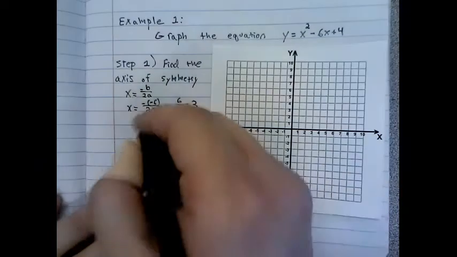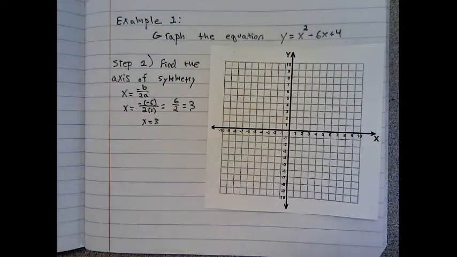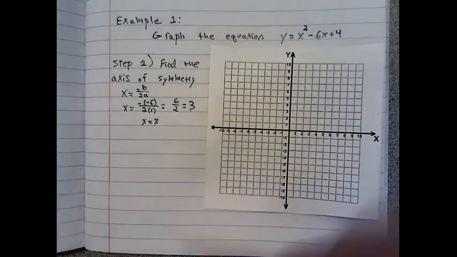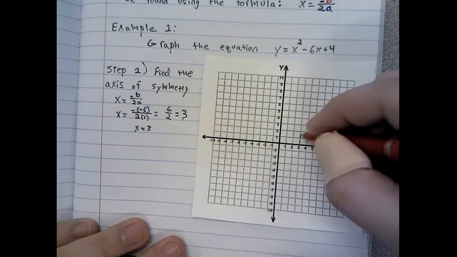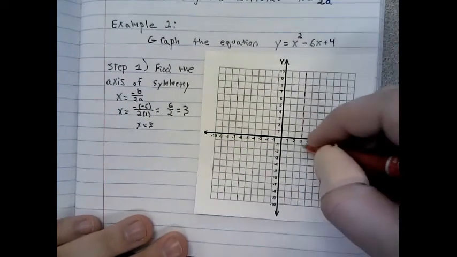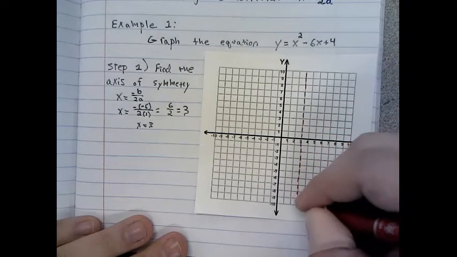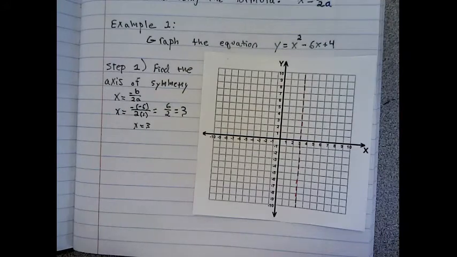So my axis of symmetry is x equals 3. That means the line x equals 3 should split my parabola in half, and I can show that by putting a dashed line right through it.